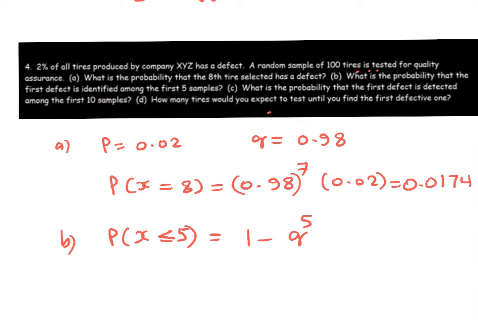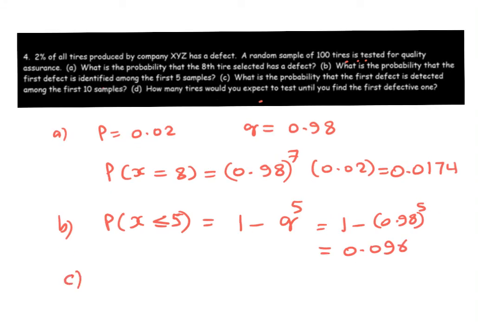We can solve in a long way, probability of X equals 1, 2, 3, 4, 5, but this is easier. So 1 minus 0.98 to the power 5, which is 0.096.